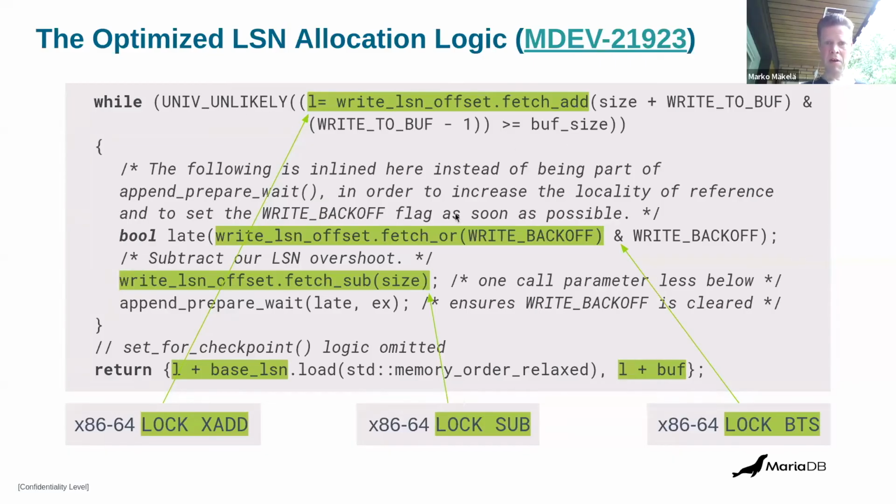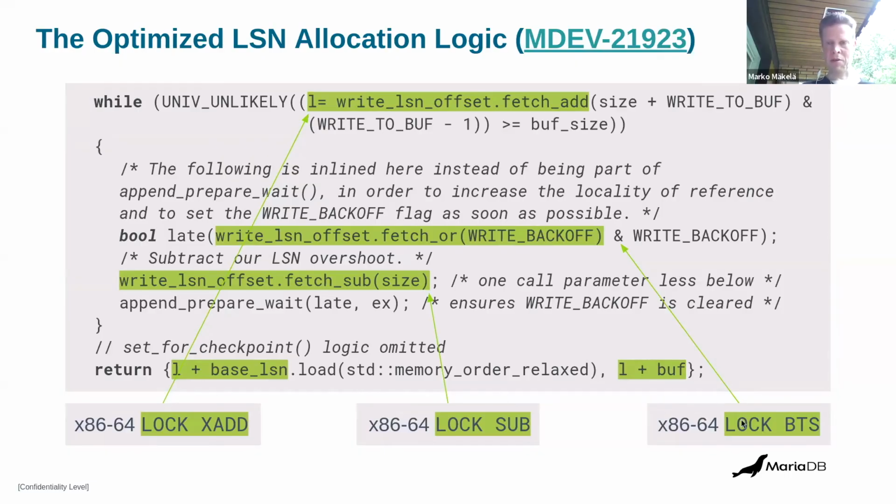Then we will first execute one more atomic operation to set this backoff flag. Recent versions of GCC are very nice. They can optimize this special case, where we are setting and checking a single flag, to this special instruction.